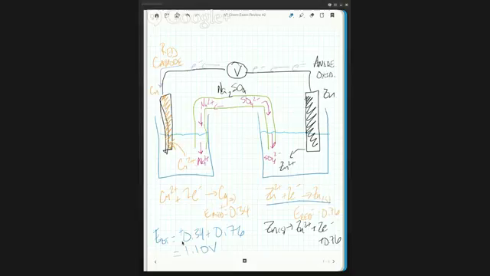If you remember me saying, whichever one is higher becomes your actual reduction. Higher E naught for reduction gets reduced. That's pretty straightforward, okay?